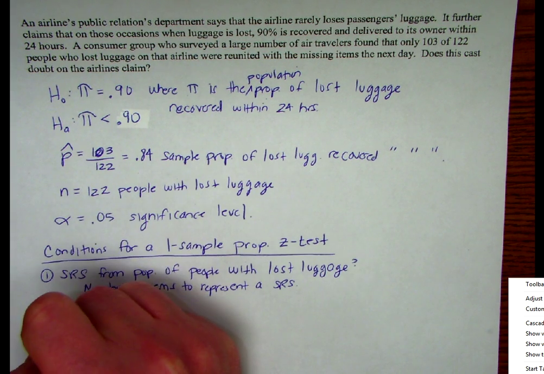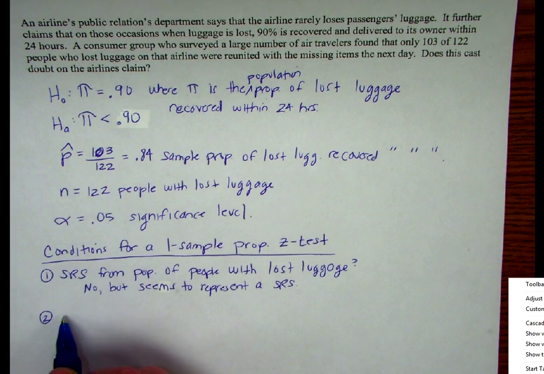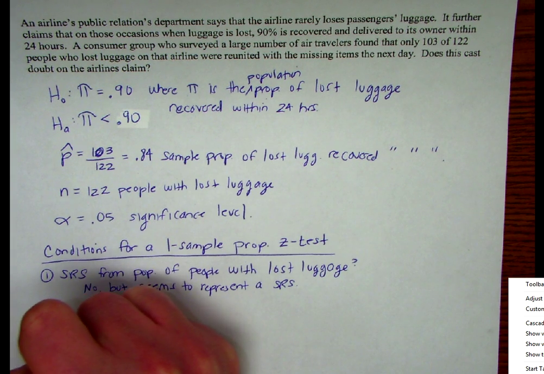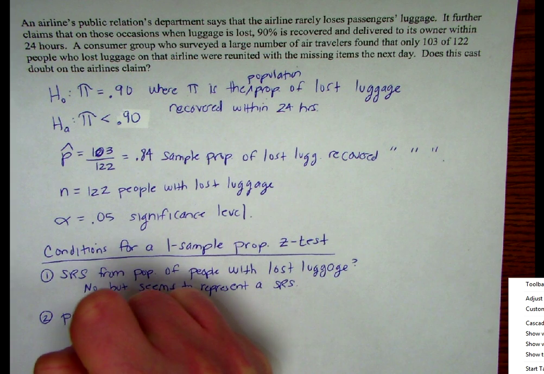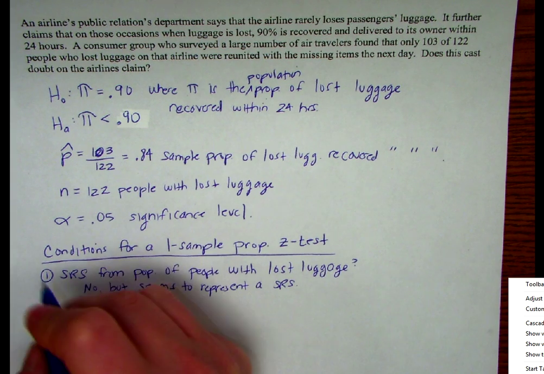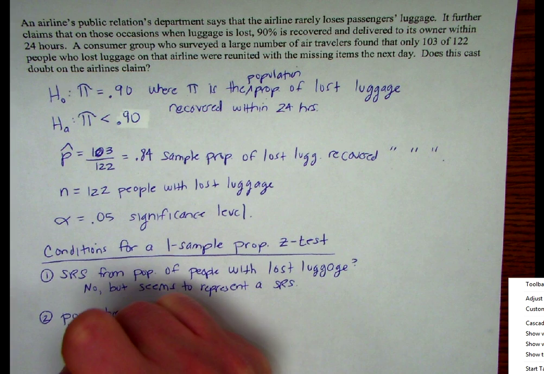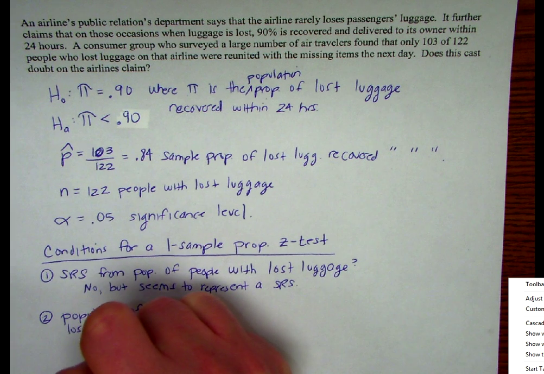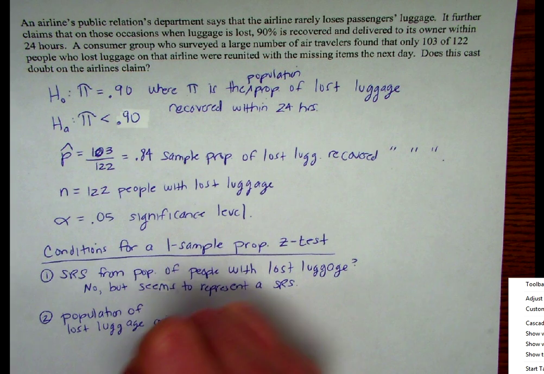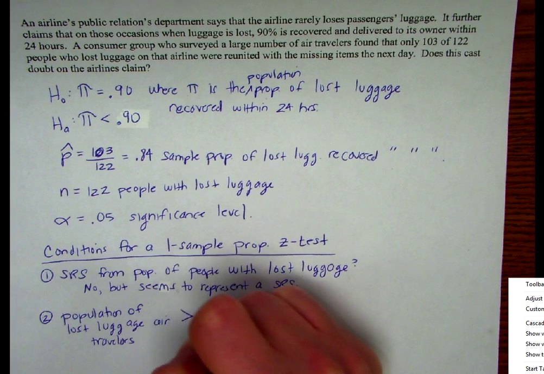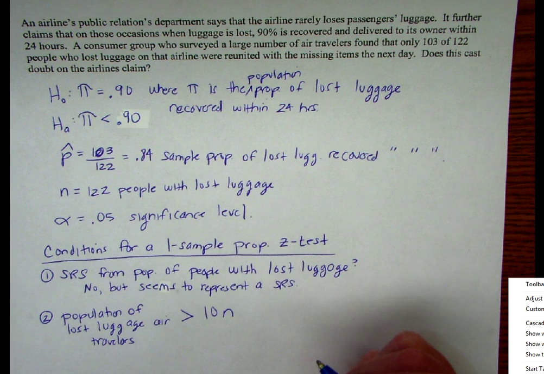I'm not going to make you write sampling without replacement, but we're going to write, is the population of lost luggage air travelers greater than 10 times n.